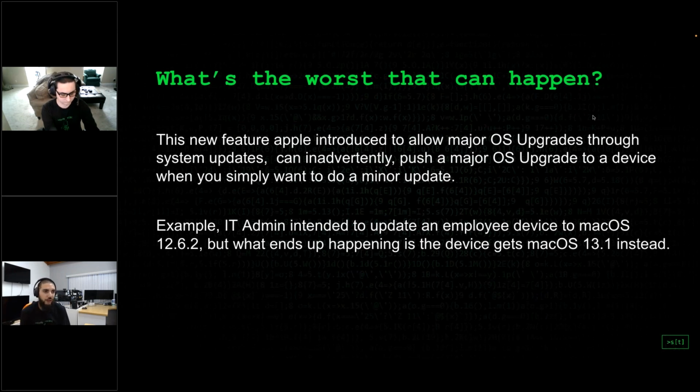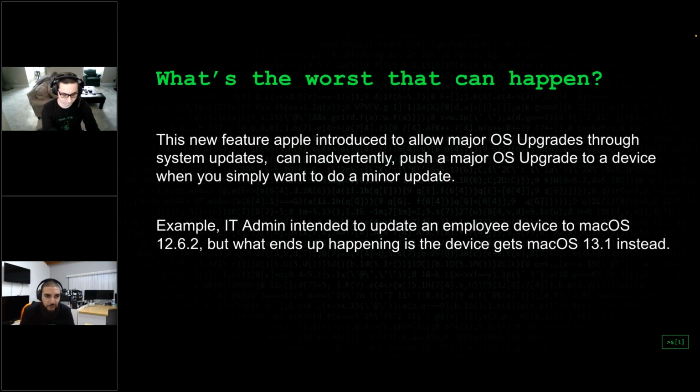The new feature will allow Apple to push a major OS upgrade through system updates. And you can inadvertently push a major OS upgrade. For example, as an IT admin, I may want to deploy 12.6.2, which is the current latest version of Monterey. But what might end up happening is the device actually goes to macOS 13.1 instead.